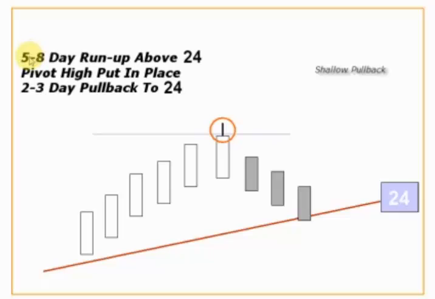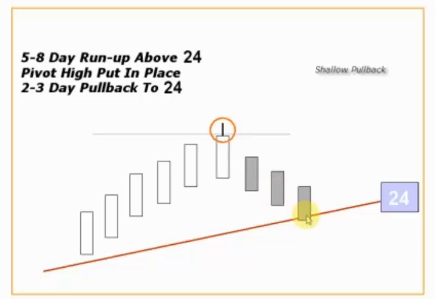The software detects a 5 to 8 day run-up above the 24, off the 24, and then looks for this pivot. Now, it's going to use what I call a 4-1 pivot, which means it gets 4 days before, but as soon as it gets 1 day lower with a higher low, that's the pivot. Okay, that's what's called a potential pivot.